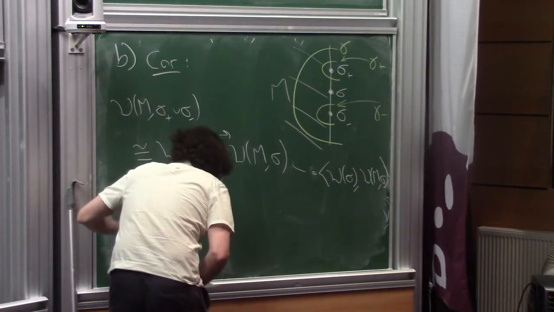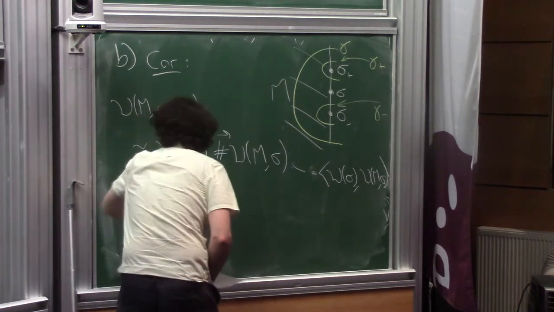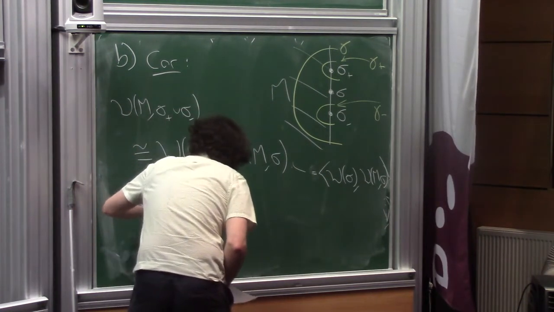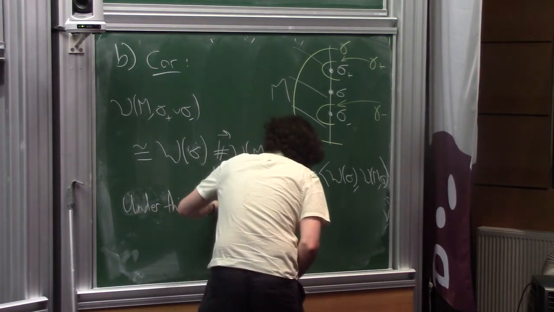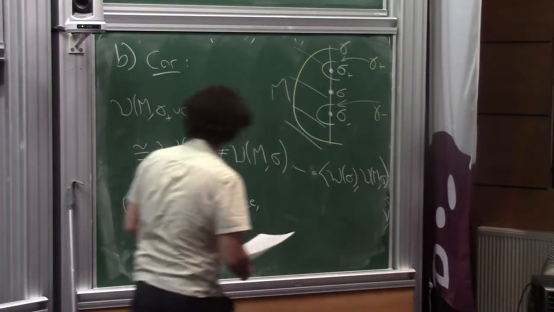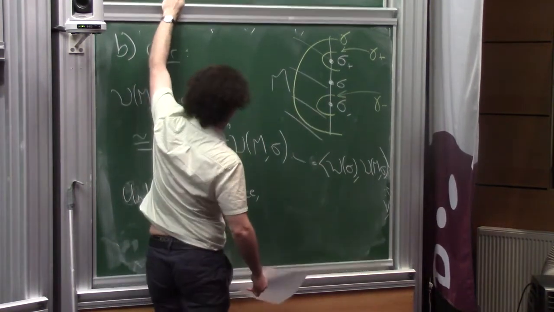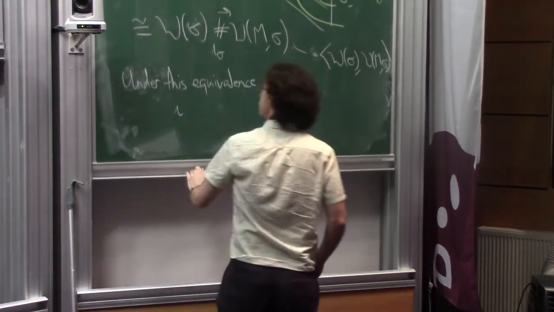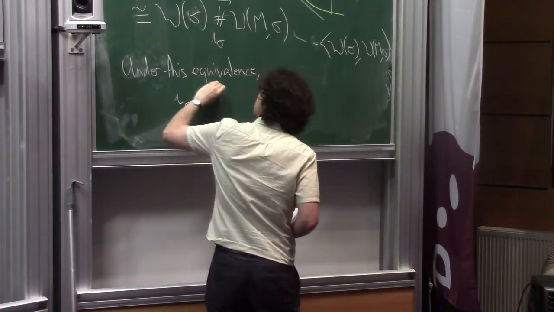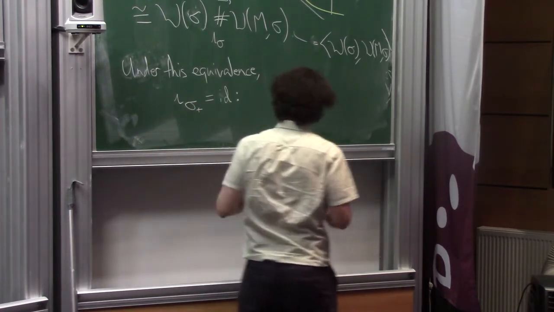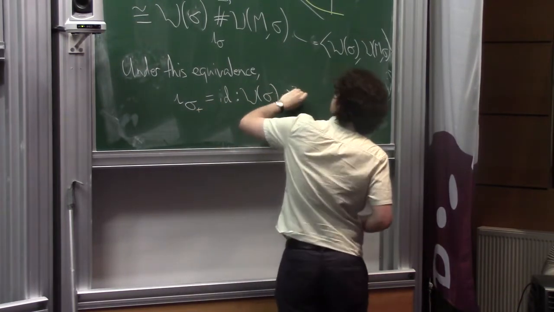In this description, we can understand these new inclusion functors. Under this equivalence, I sigma plus is the identity from W of sigma to W of sigma.